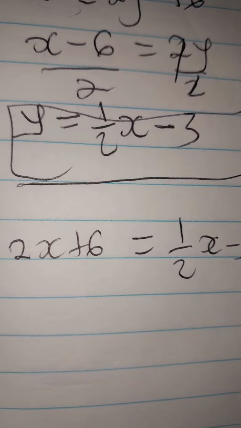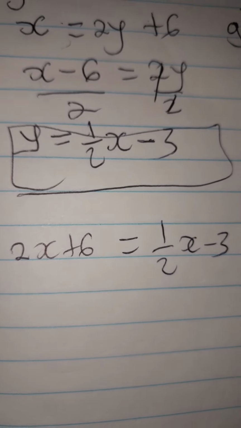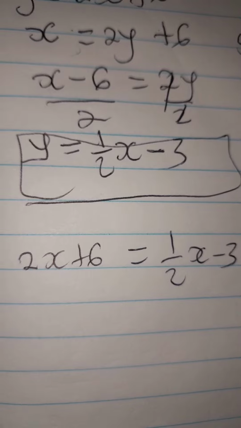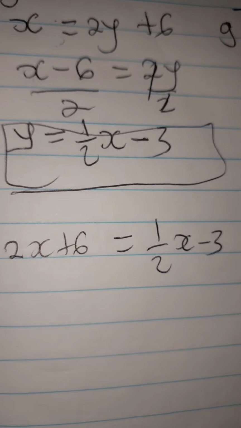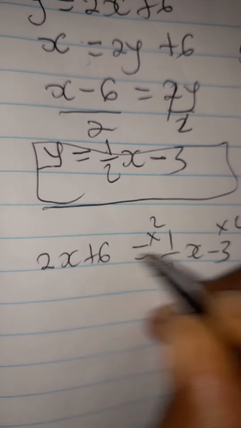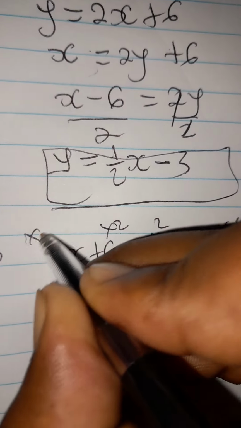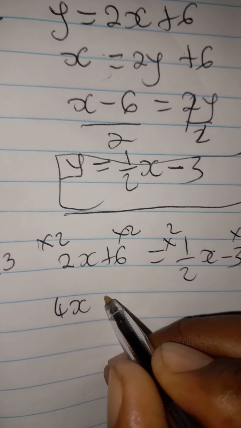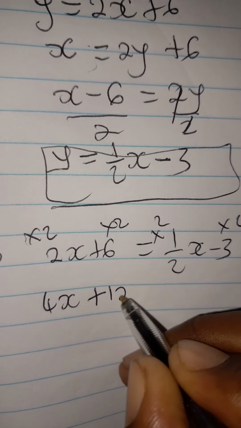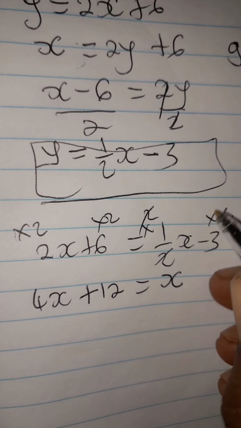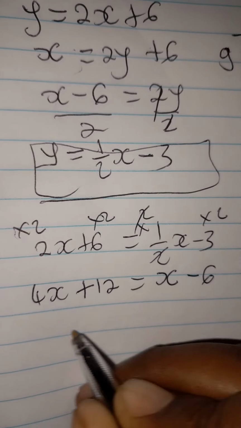To solve this, because we have a fraction, we multiply everything by 2 so that we get rid of the fraction. So multiply by 2 on the left-hand side and on the right-hand side. 2 times 2 is 4x, and 6 times 2 is 12. Then the 2s cancel, we're left with x, and 3 times 2 is minus 6.